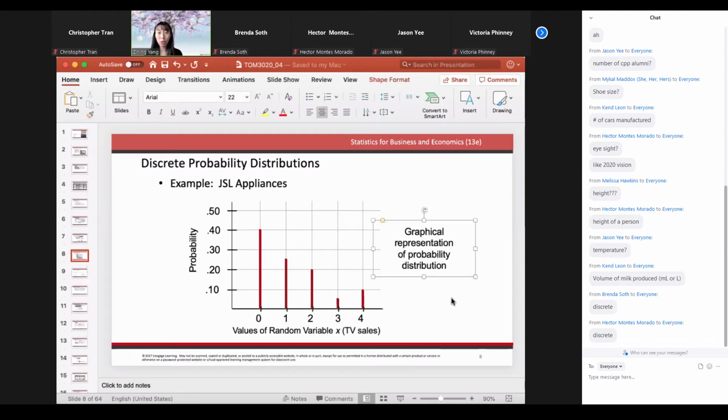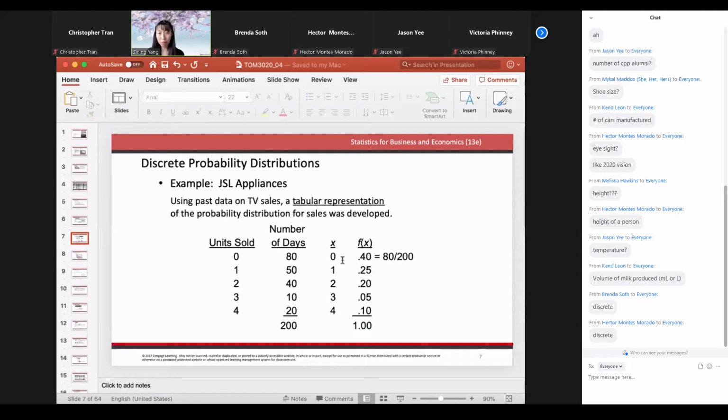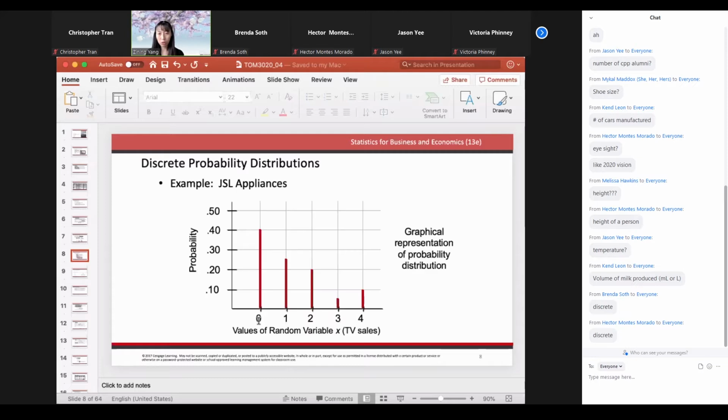And then there's a one-to-one mapping to the graphical representation. In the graphical representation, the horizontal axis is always the value of the random variable x, and the vertical axis is always probability. So that's the design of a histogram. And then it's just a mapping. When x equals 0, probability is 0.4. So you see 0 with probability 0.4.